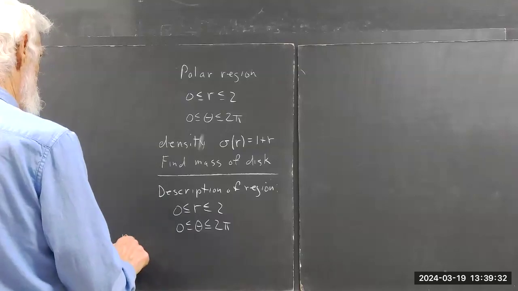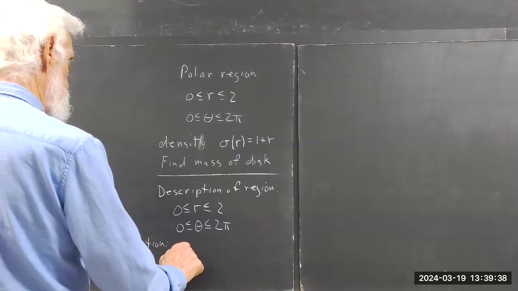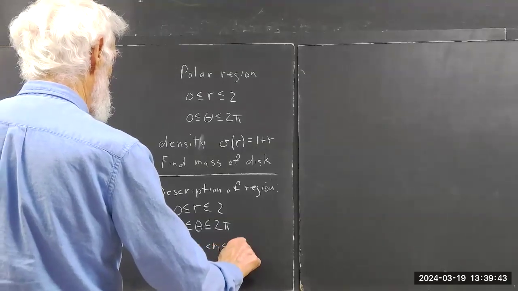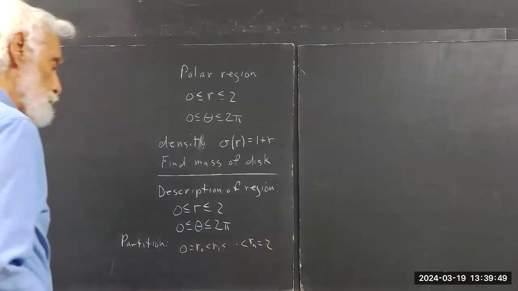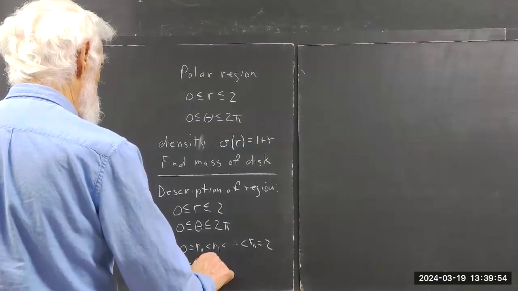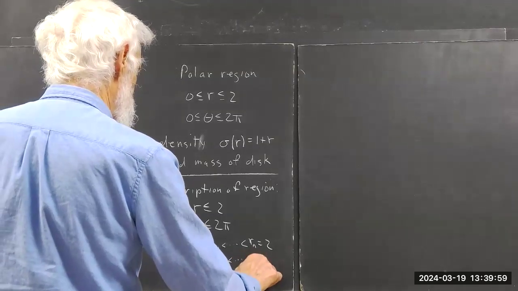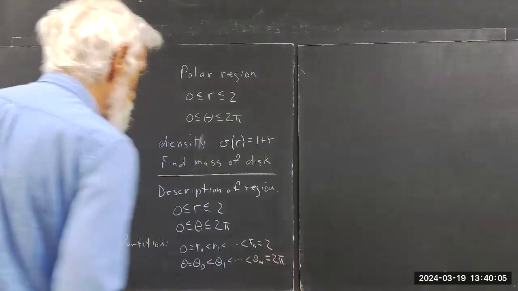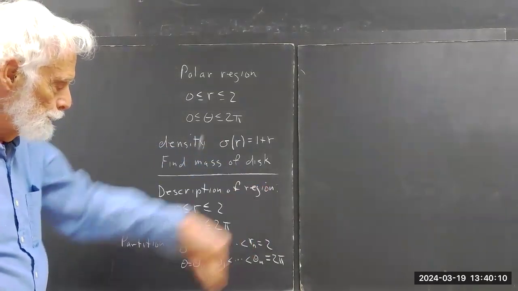Our partition: r0 less than r1, et cetera, up to less than rn, which is 2.